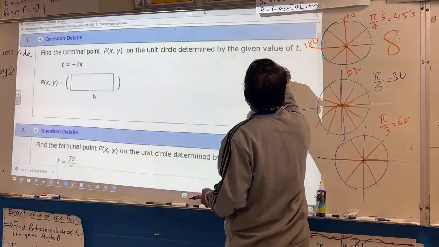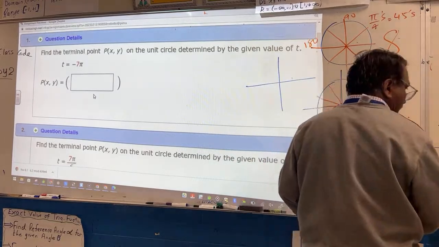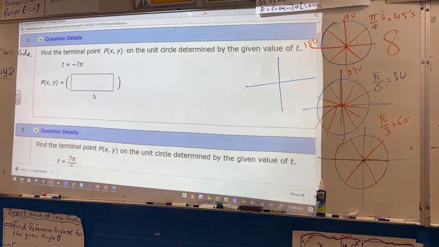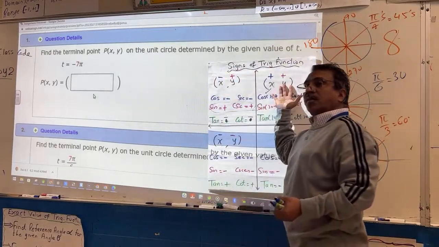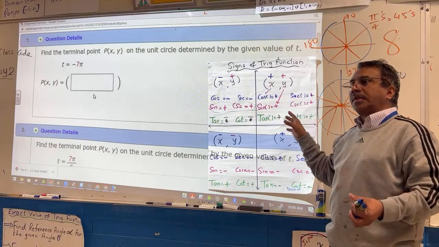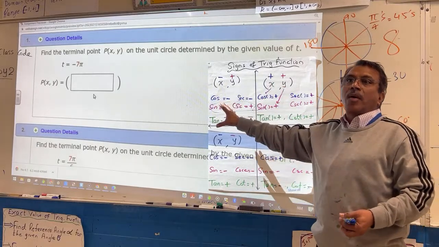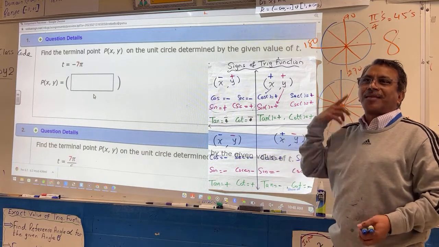So I'm going to write it right here, the chart that I'm making. I put it back here again, just in case you forget. In the first quadrant, all 6 are positive, agree? But in the second one, remember the mnemonic, all students take calculus, I used to teach that.